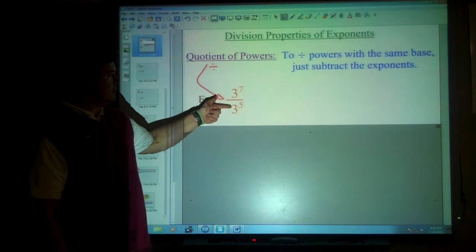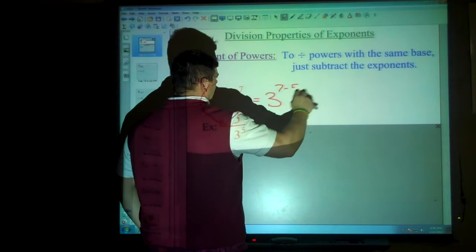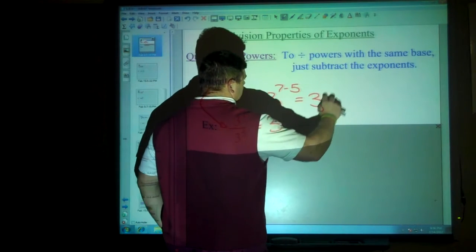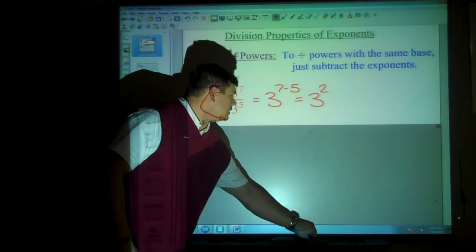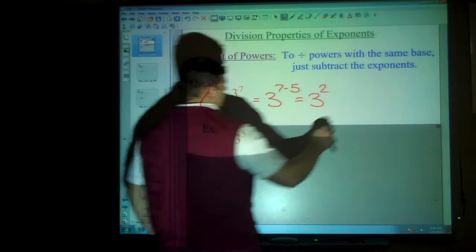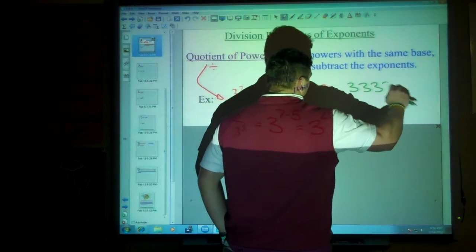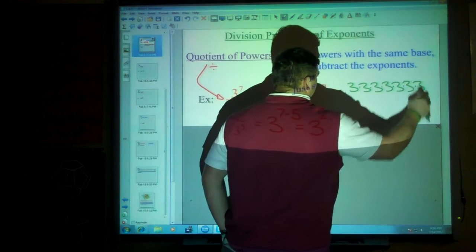Since they have the exact same base, we know that that's going to produce 3 to the 7 minus 5, which is equal to 3 to the second power. Now we could prove that another way. You could take this exact same situation. You could write 7 threes down, 1, 2, 3, 4, 5, 6, 7, and you know they're all being multiplied together.